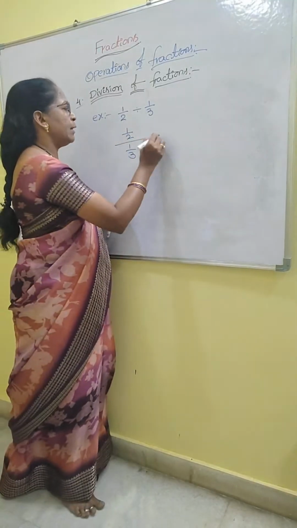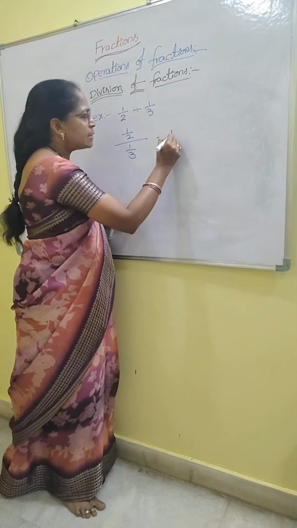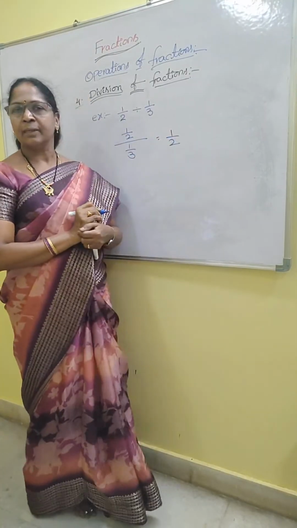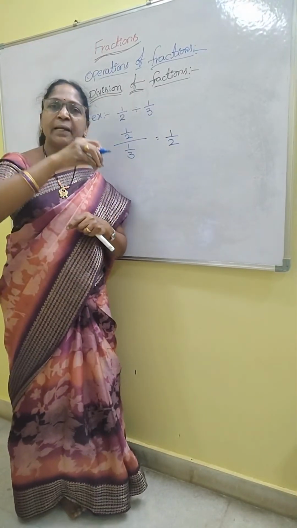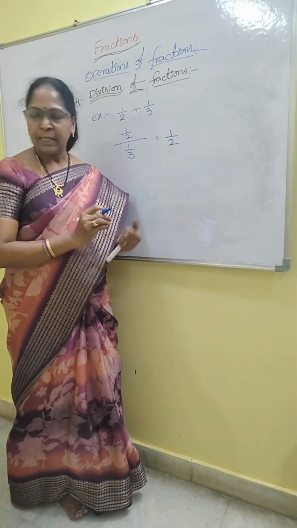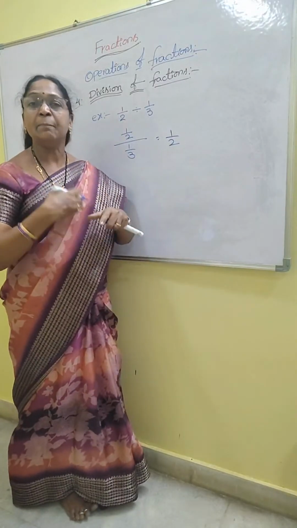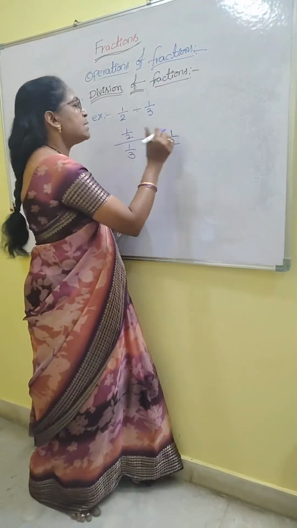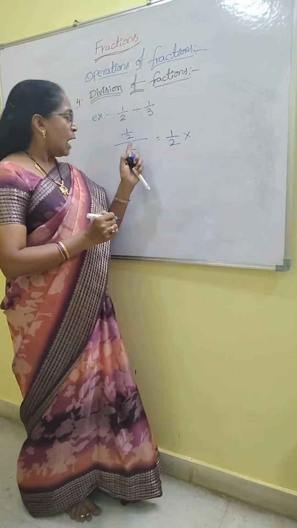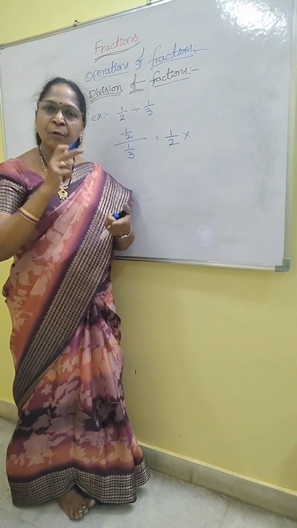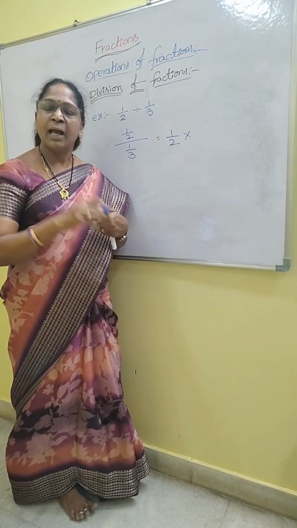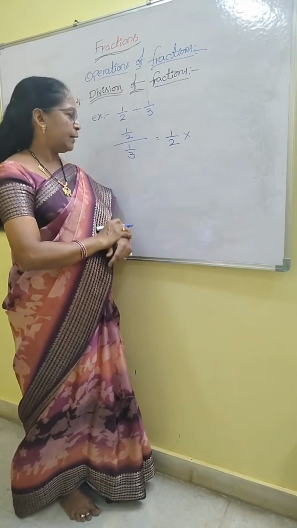The numerator value you write as it is. Next, this denominator fraction will become the multiplicative reciprocal. The division will become multiplication, and you take the reciprocal of the fraction. Reciprocal is nothing but the numerator becomes the denominator and the denominator becomes the numerator.